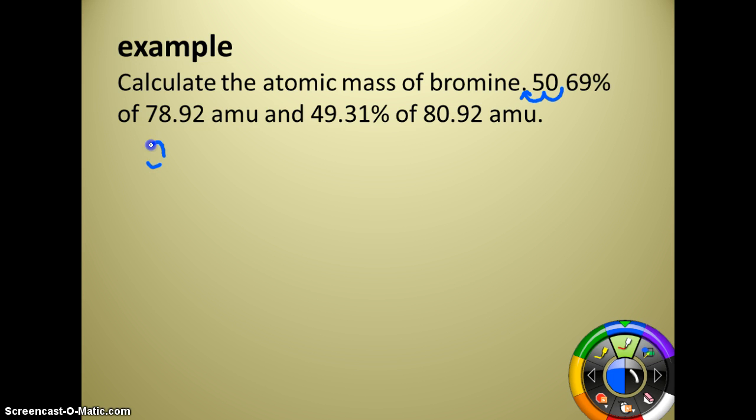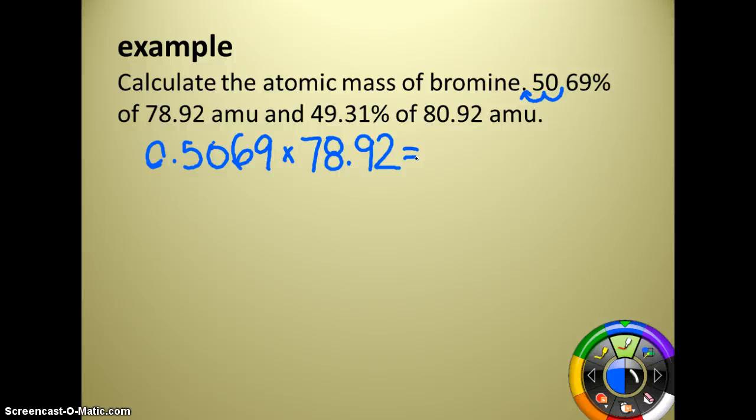So 0.5069 times 78.92. And that gives us essentially 40.00.